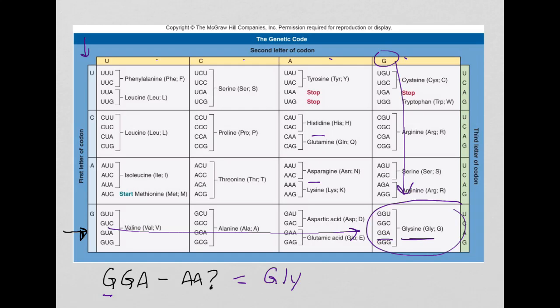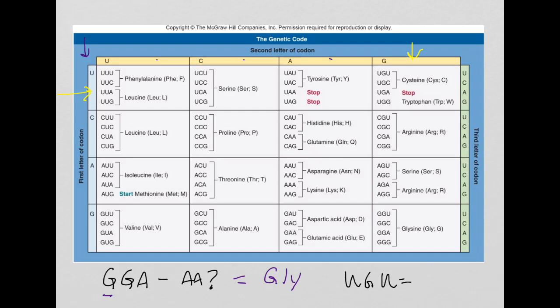Let's get rid of this stuff here. Okay, UGU, so we're going to start with the U's. Okay, so we know we're going to be in this row. Then we need G. Let's write this at the bottom, where we're doing UGU equals what amino acid?